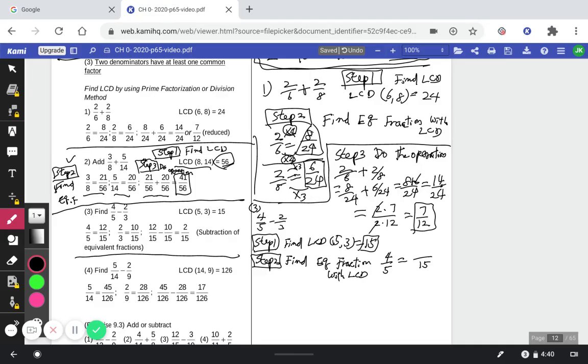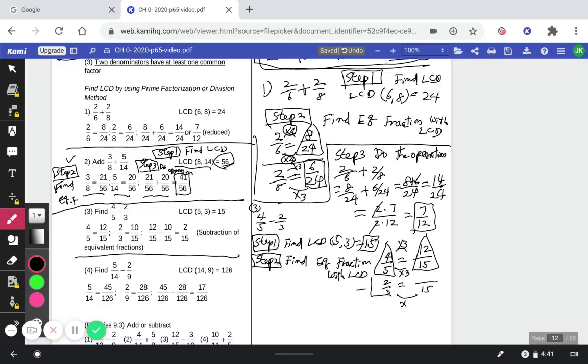And the second one is 2/3 in terms of 15. And you're taking away, right? So you need to multiply by 3 to make a 15 from 5. So you multiply the top the same, which gives 12. So 4/5 is the equivalent fraction 12/15.